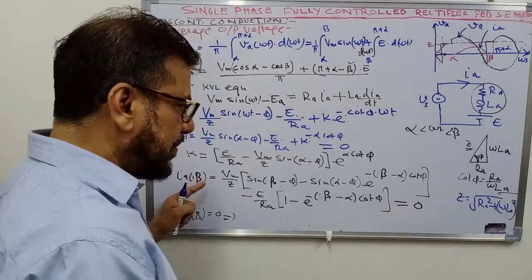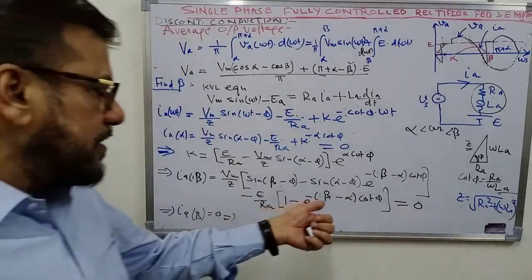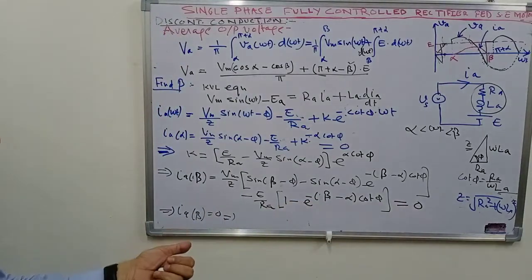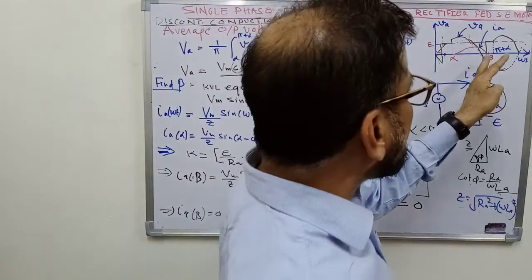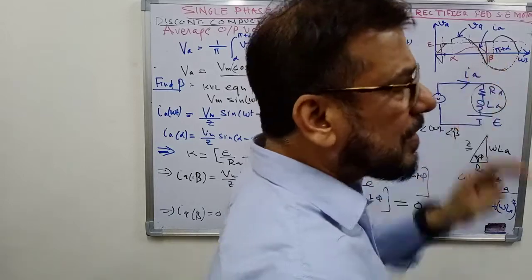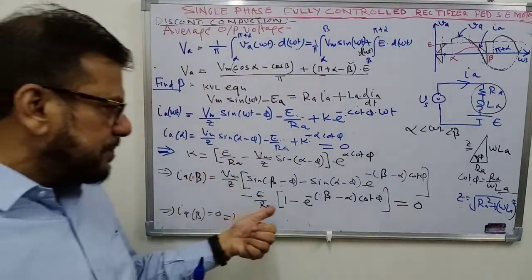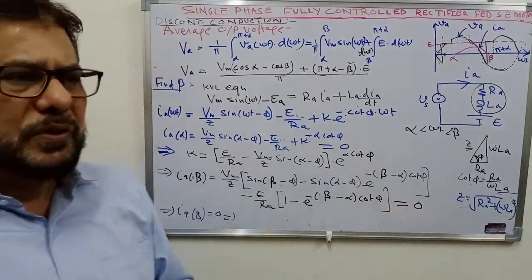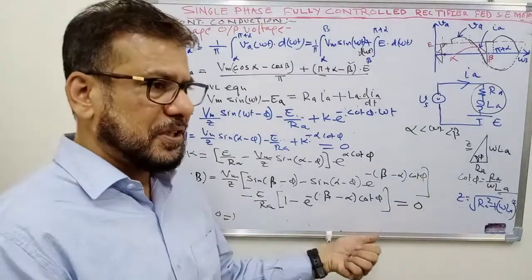So this is a non-linear equation. It is not possible to find the solution of beta in terms of some equation, but you can apply the hit and trial method. You know the range of beta, it can be between pi and pi plus alpha. So in this range beta will be there. You just put different values of beta till you get this value equal to 0. So that value of beta you can obtain by hit and trial method.